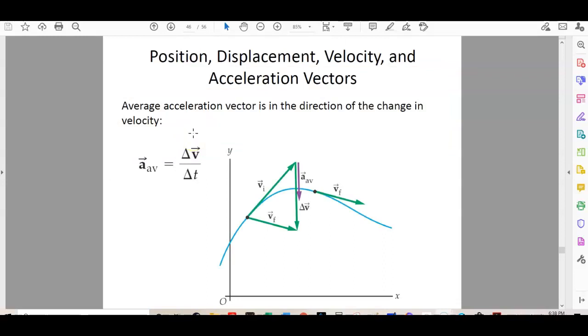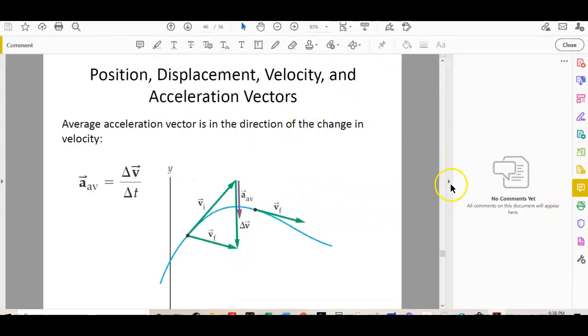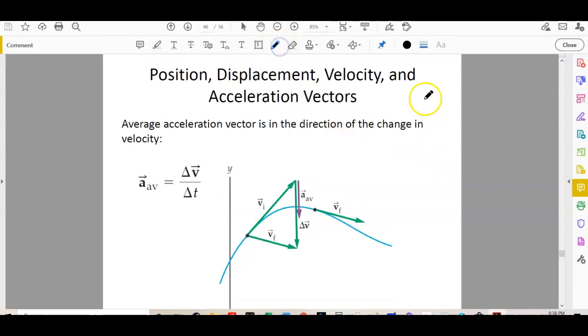So what this slide is basically saying is the average acceleration vector is the direction of the change in velocity. I'm going to mark up the document. So remember that equation of motion, the velocity versus time linear fit that we've done before, which was v final equals v initial plus acceleration delta t.